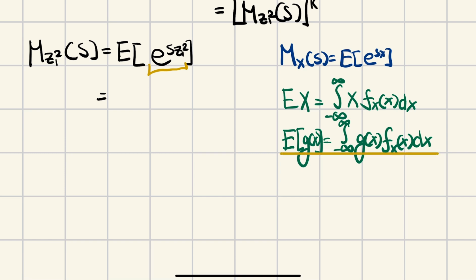We use this property to show that the expectation of e to the s z1 squared is the integral from negative infinity to infinity of e to the s z1 squared power times the PDF of z1.